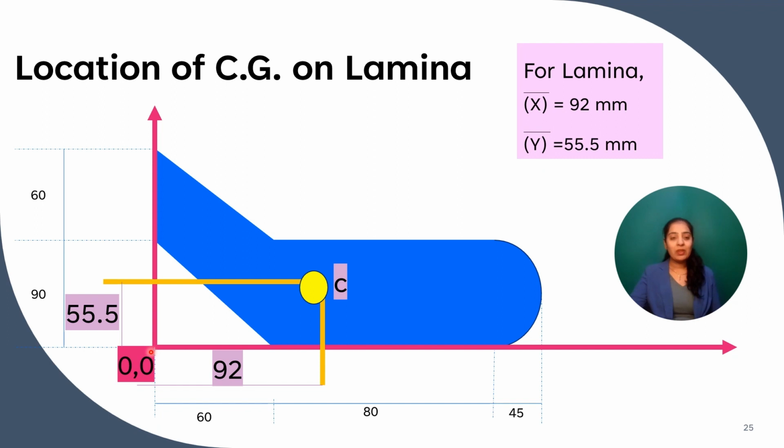So the distance of CG of this complete lamina is 92 mm from the origin and 55.5 mm on the y-axis. So, after solving today's problem, can you calculate the center of gravity of this mask? Can you?